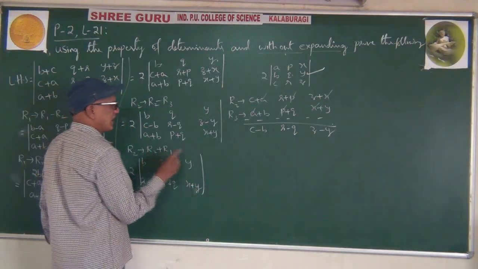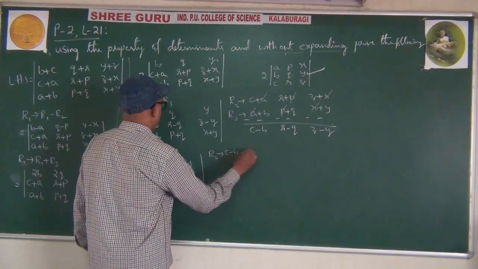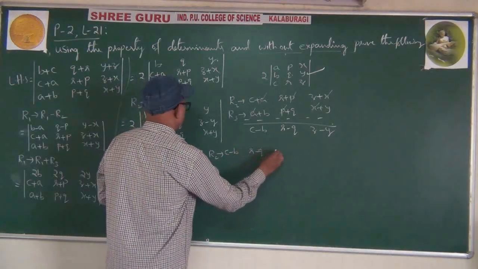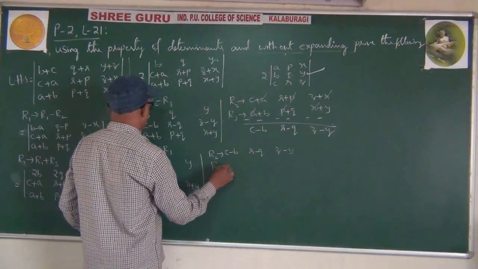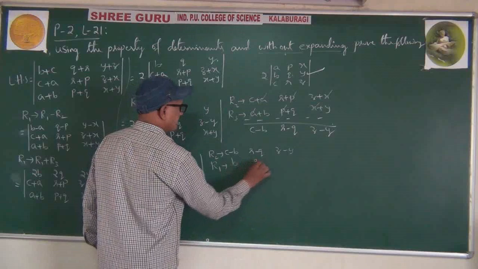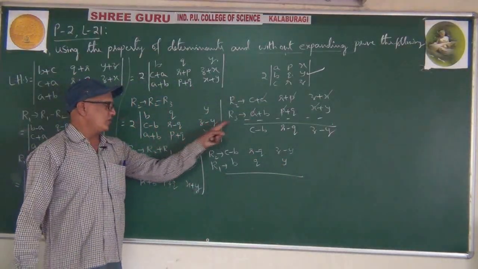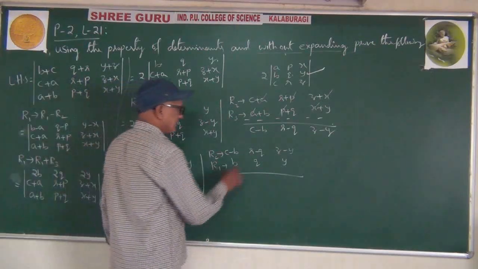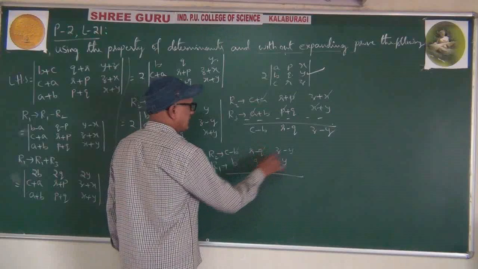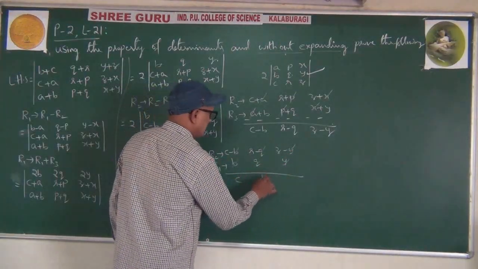R1 is B, Q, Y. R2, the second row, got cancelled. Remaining is C, R, Z.